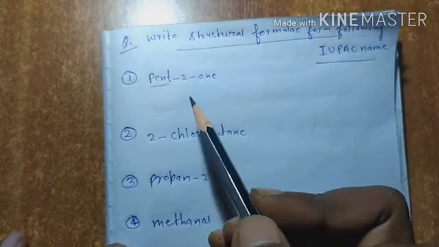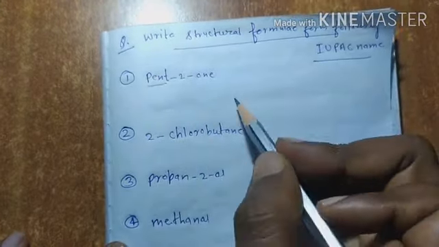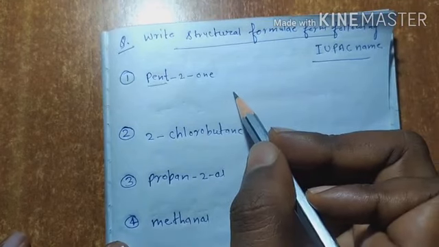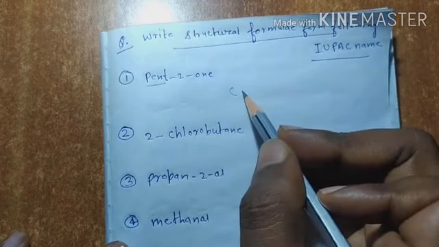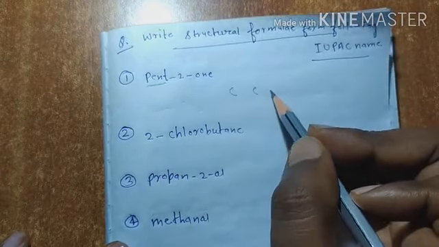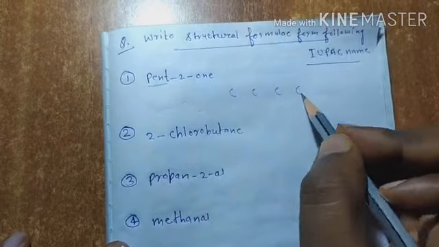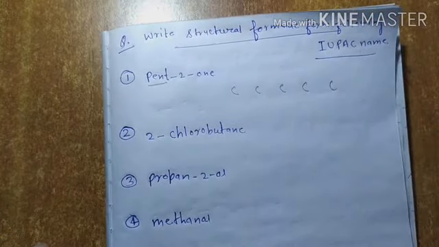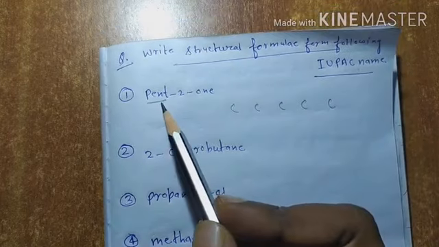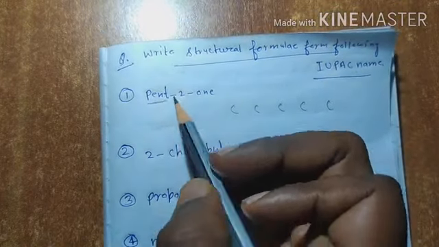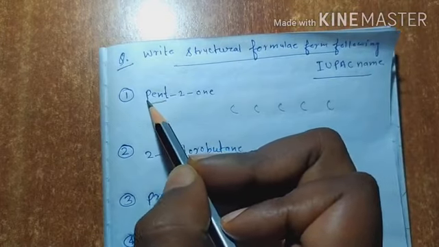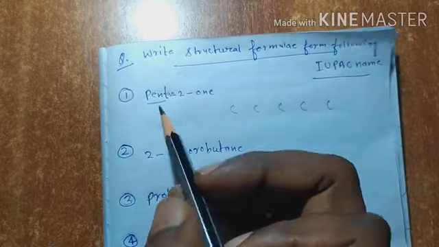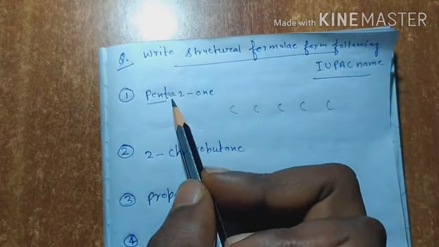Pent, it means the number of carbon will be 5. So see, 1, 2, 3, 4, 5. Listen, student, this should be pentan-2-one, right? Pentan-2-one.